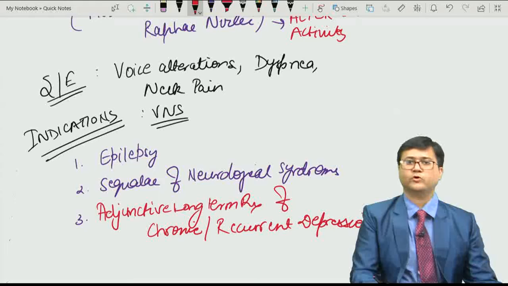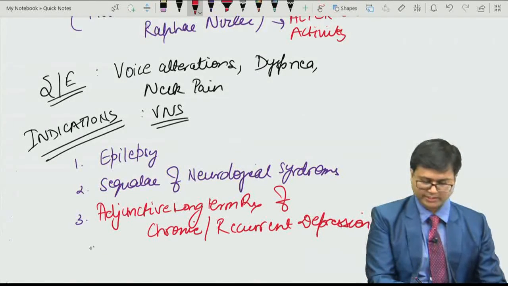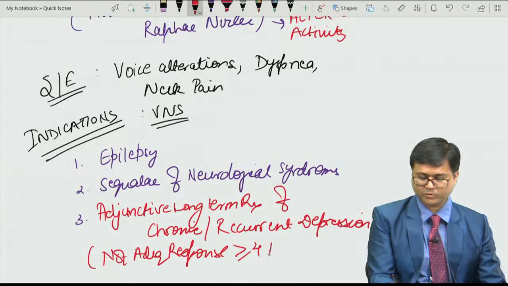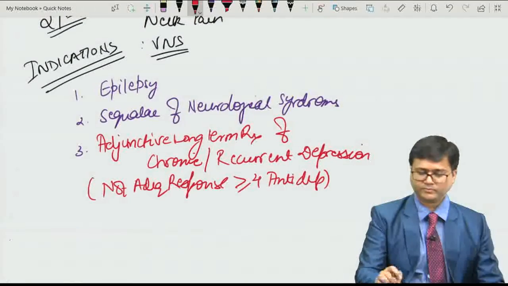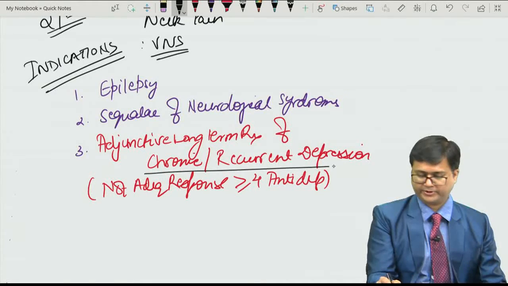So as an adjunctive long-term treatment for chronic or recurrent depression, in those who have not had an adequate response to at least 4 or more antidepressants, we can use vagus nerve stimulation. Important.